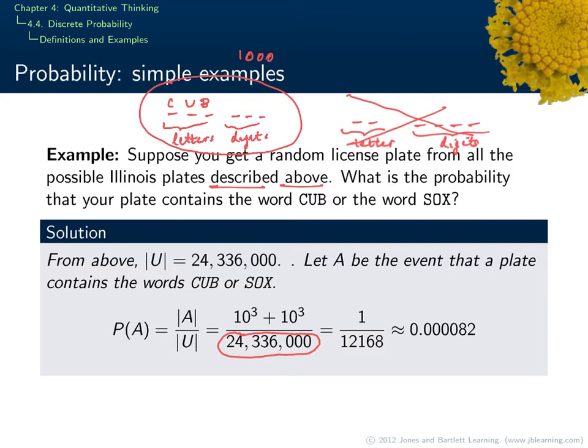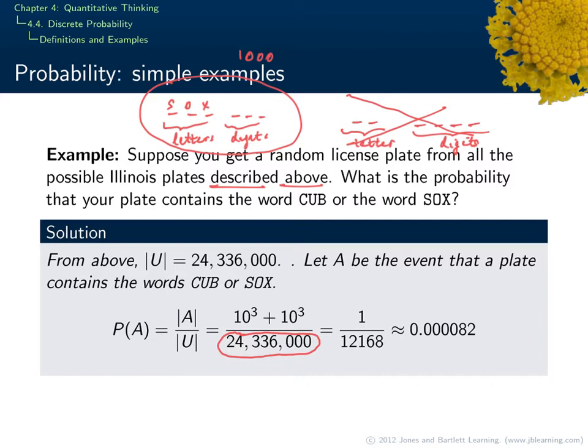Now, the same thing is true for socks. If we replace the word cub with socks, then again, we have 1,000 ways that we can complete that plate.